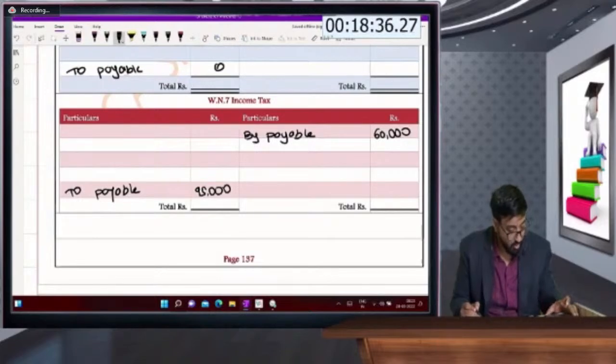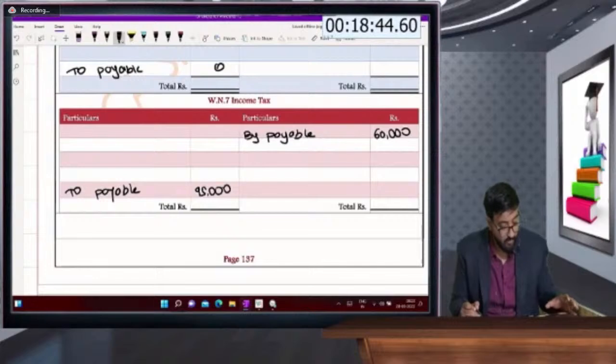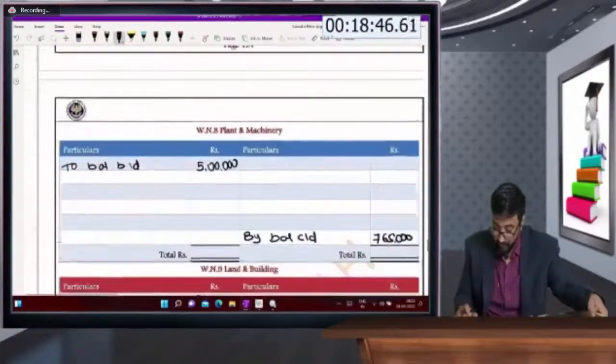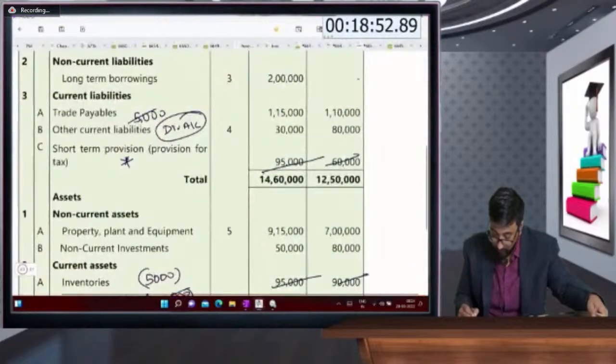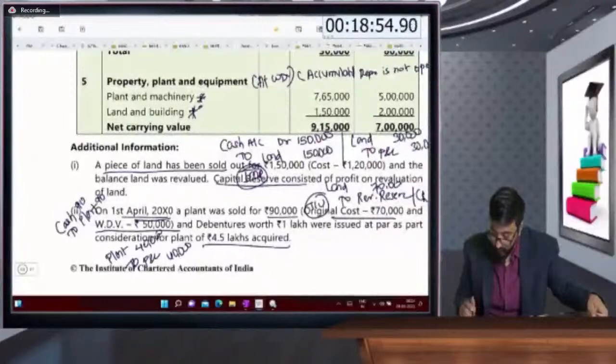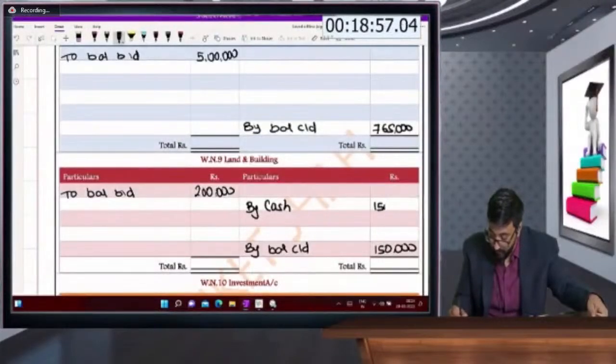Okay, so, and that, yes. Then land sold by cash, 1,50,000.